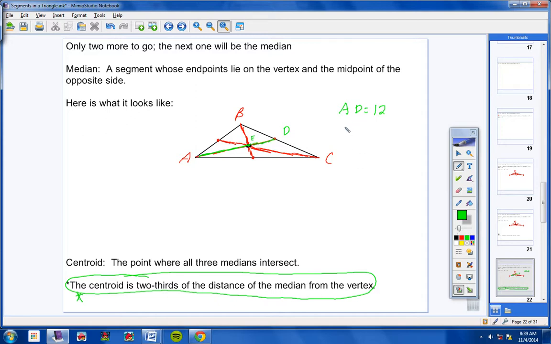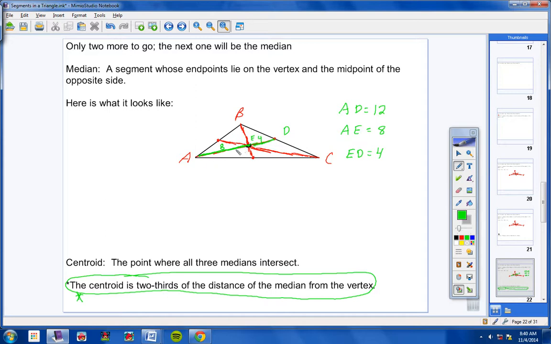Well, what that means then is segment AE is 8, and segment ED is 4. Do you see how AD is divided up into a longer segment until you get to this point here, and then a shorter segment here?